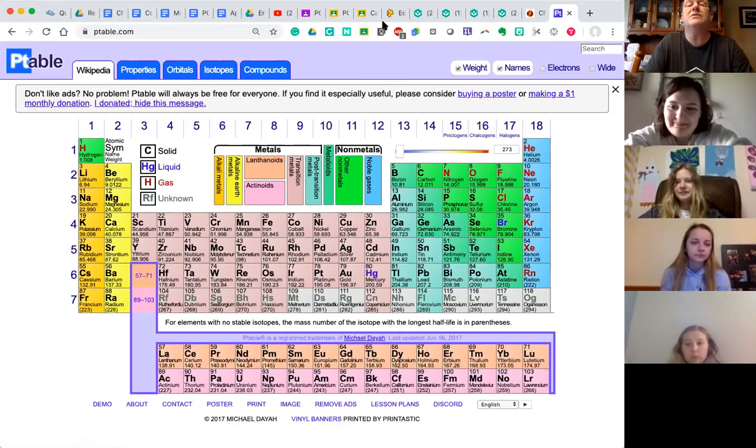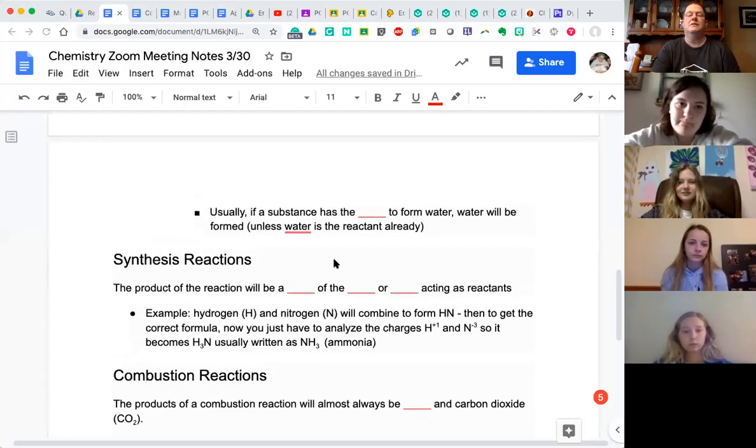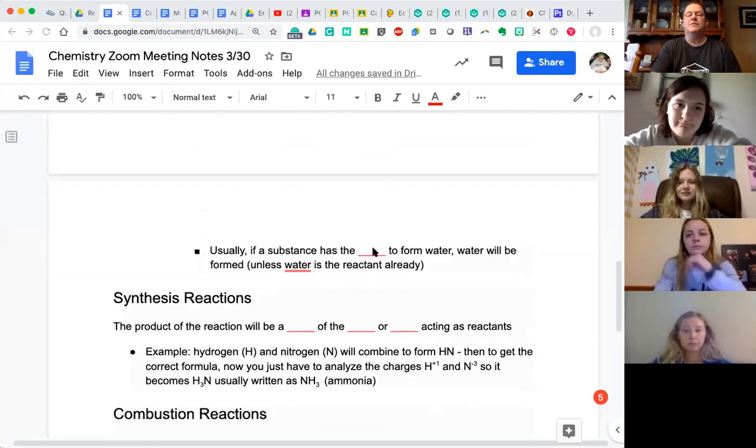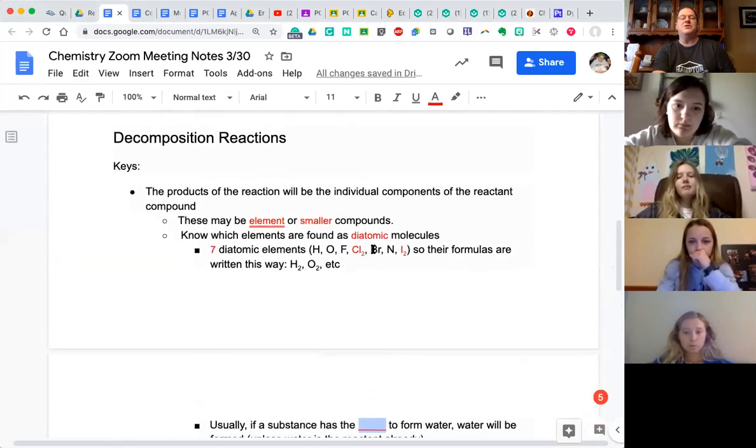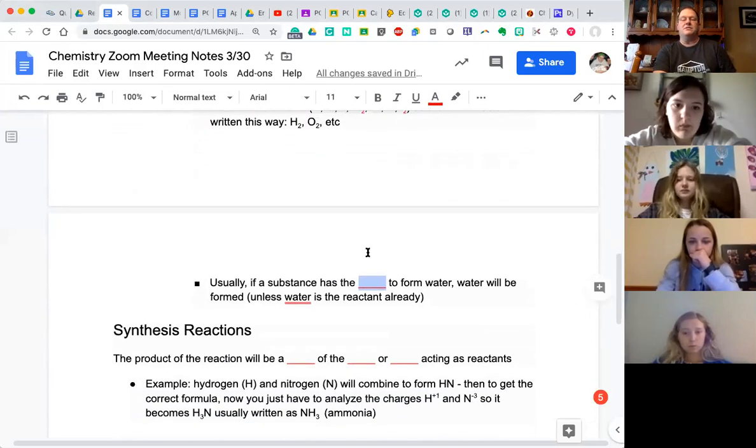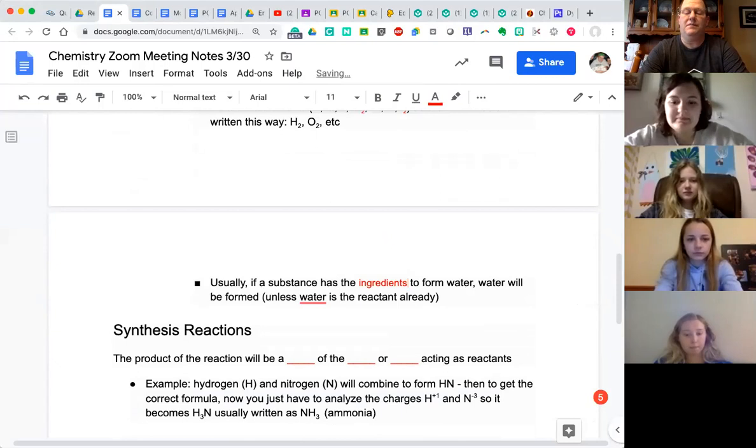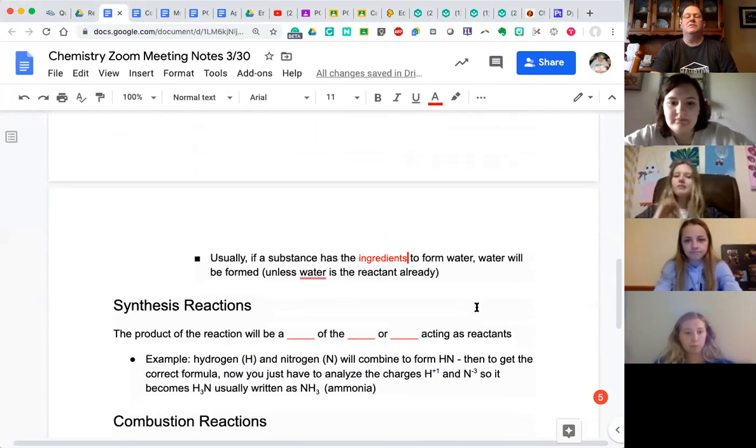All right, let me go back to the notes. Okay, and then when we do these decomposition reactions, water is pretty common. So if a substance has the ingredients to form water, water will be formed.